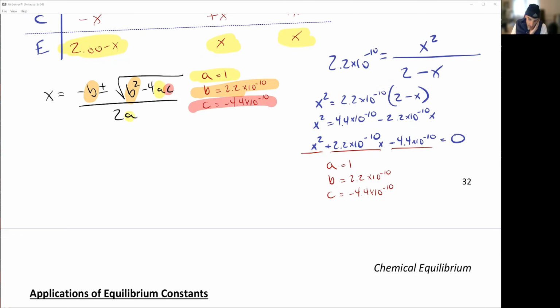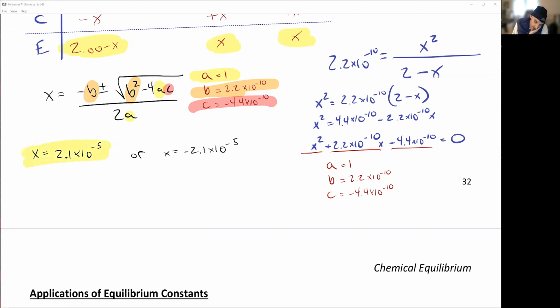You plug those in and you get two values. X equals 2.1 times 10 to the negative 5, or X is equal to negative 2.1 times 10 to the minus 5. Can we throw any of these out, or can we choose one as being correct?